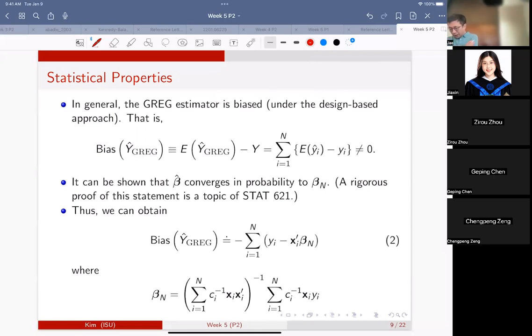Okay, so now how to check? This is x_i prime, so y_i hat is x_i prime beta hat, right? When you take the expectation, it is the expectation of beta hat.